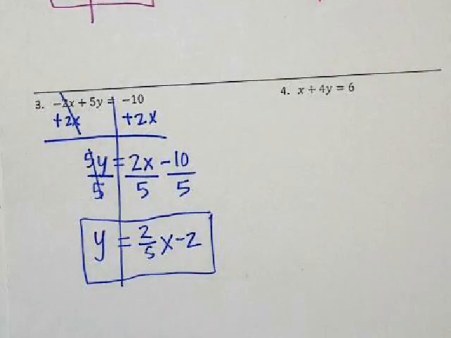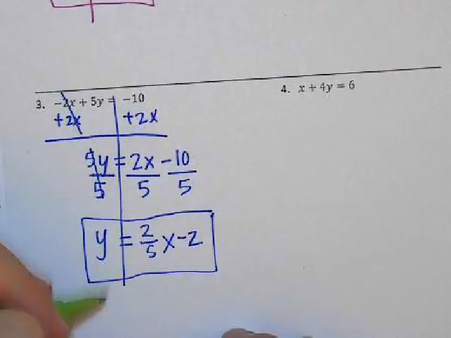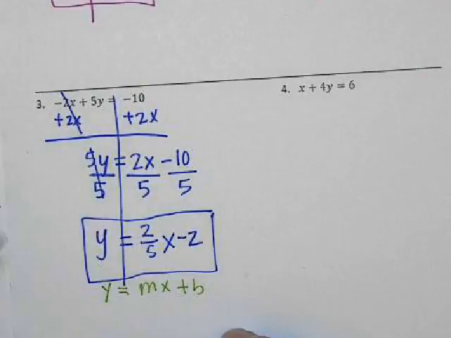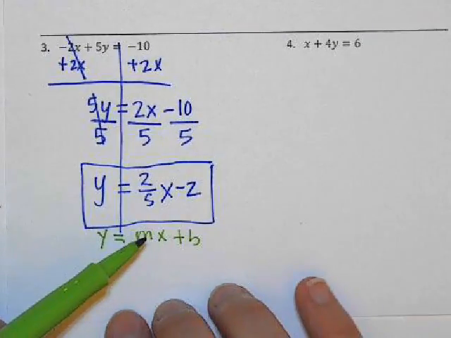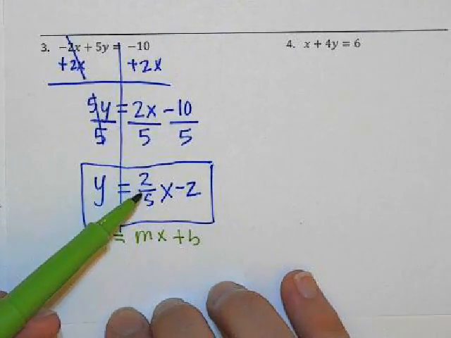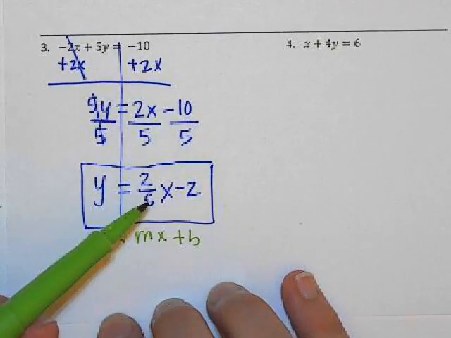Okay, now let me explain why I told you to keep it as a fraction. Because what did I say this is really like? y equals mx plus b. And what does m stand for? Slope. And how do we have to write slope? As a fraction, because it's rise over run. If you do the decimal, you won't be able to do rise over run.